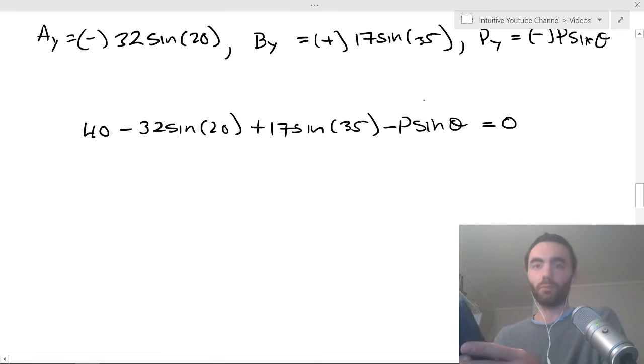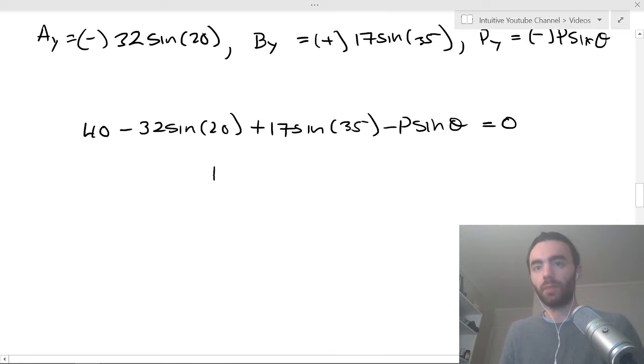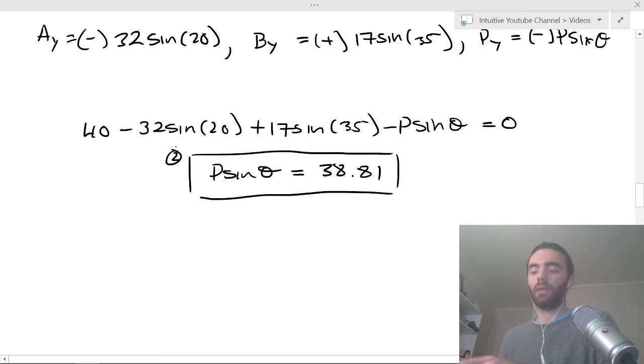So you put that all into your calculator. I get that P sine theta equals 38.81. Cool, so now we have another equation with P and theta.